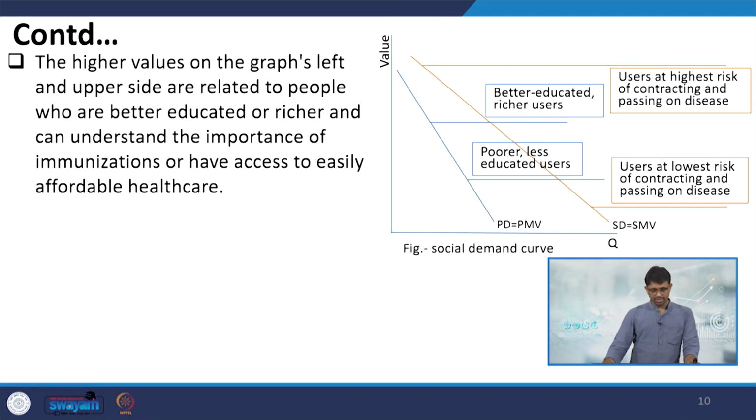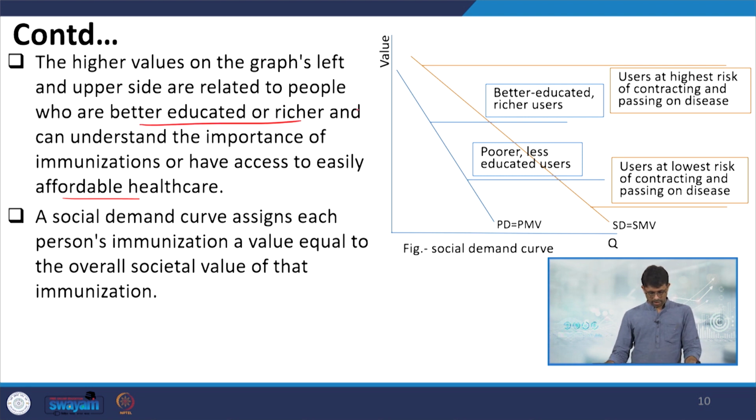Now, I have already mentioned that it is dependent on affordability and on education, whereas in the social context it depends on the extent it contracts, and on the rate at which it diffuses to other people.